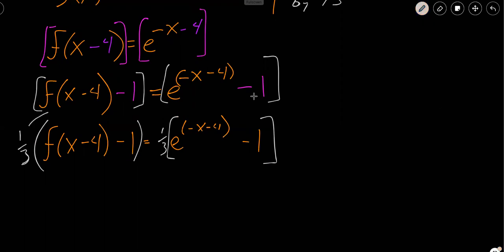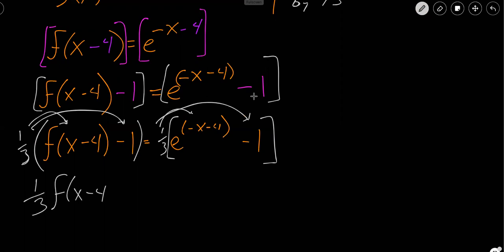This 1/3 is on the outside of the parentheses, so due to the distributive property, it's going to be distributed to both terms. So what I end up getting at the end is 1/3 f of x minus 4 minus 1/3, which is equal to 1/3 e to the negative (x minus 4) minus 1/3, again due to the distributive property.